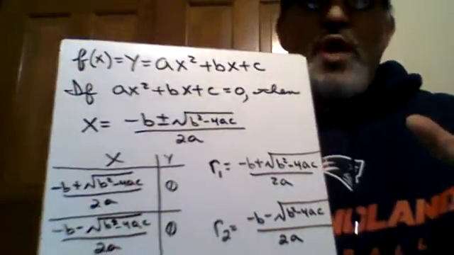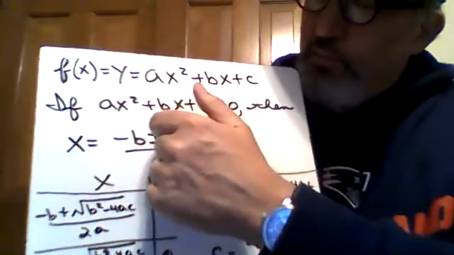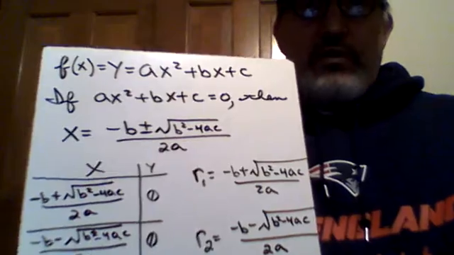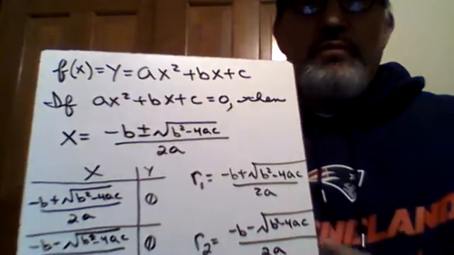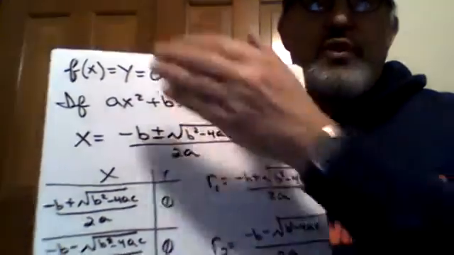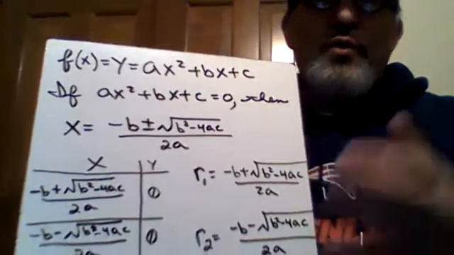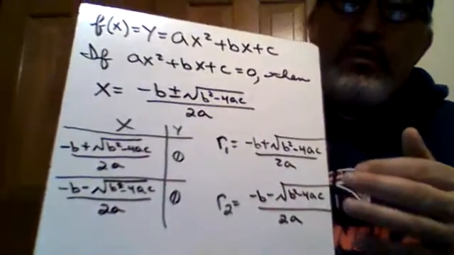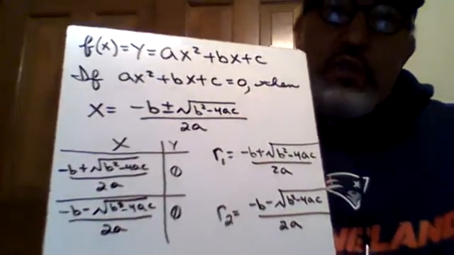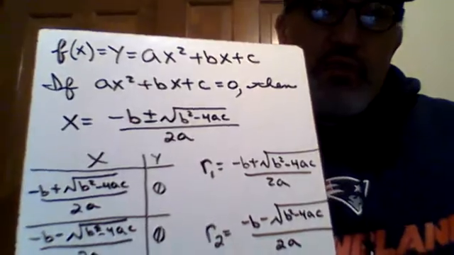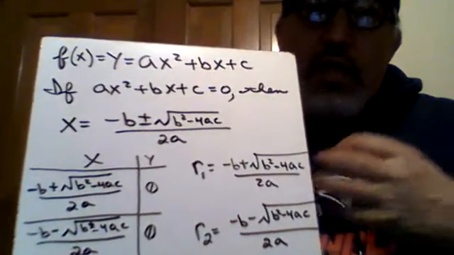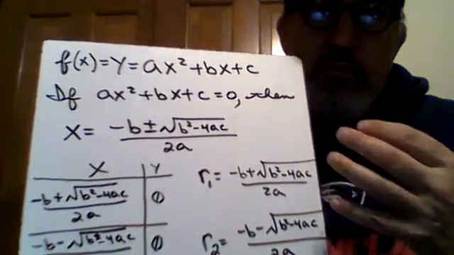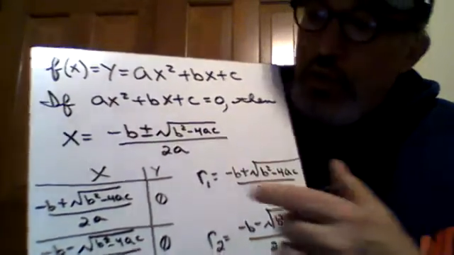Now, these two numbers, one with the plus sign, one with the minus sign, are known by two different names. They're called either the zeros of the equation, the zeros of the function, or the roots of the equation, the roots of the function. Now, to me, in teaching young people about quadratic functions for the first time, I like the word zeros because it has a meaning that we can always relate to.